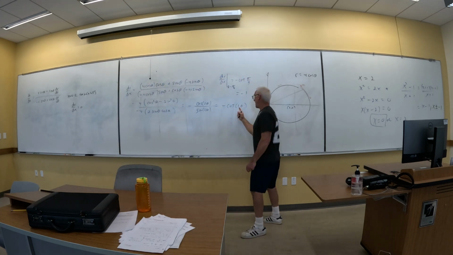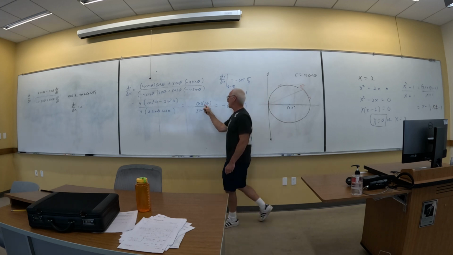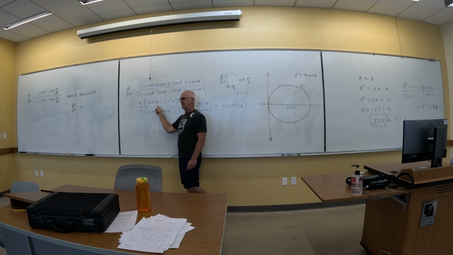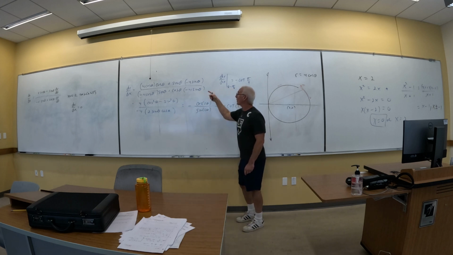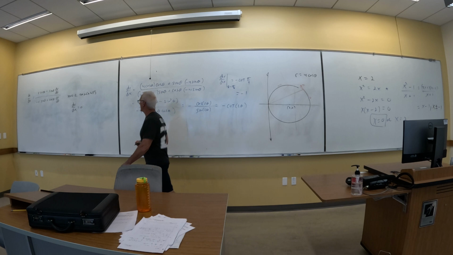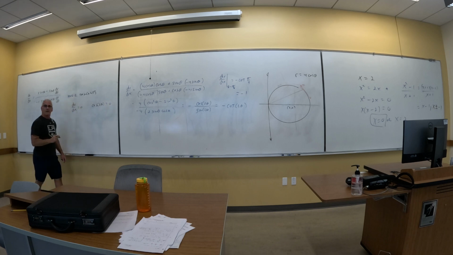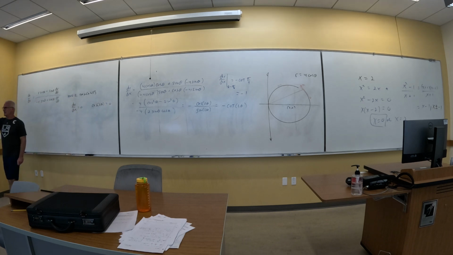So I'm not as interested in that as I am maybe in that or even in that. Or I could even go back to here. That would be easier. So when is the cosine of 2 theta equal to 0? Well, when's the cosine 0? Isn't it at pi over 2 and 3 pi over 2 type of angles?